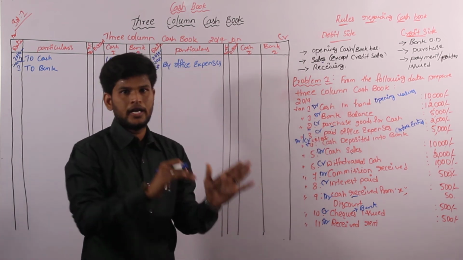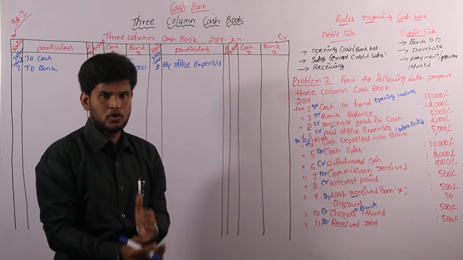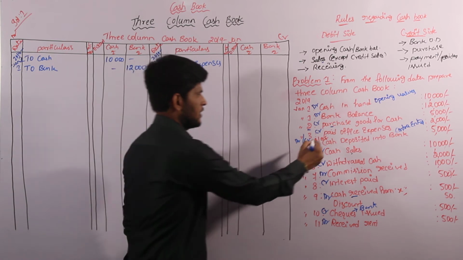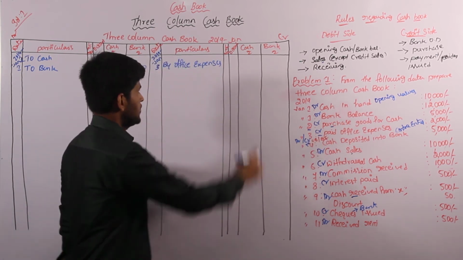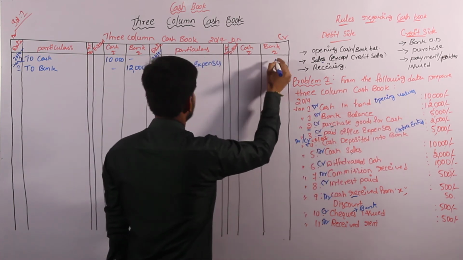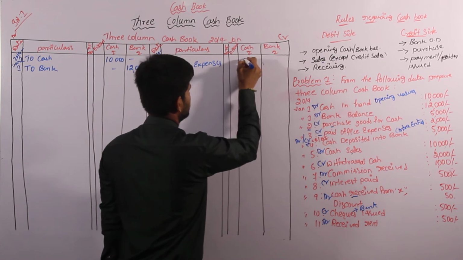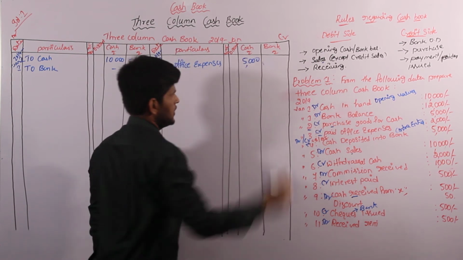If cash is not there or a check is not there, we have to identify this transaction as based on cash values, so we convert it into cash. In the cash column we enter the amount, that is 5,000. Is it clear now?